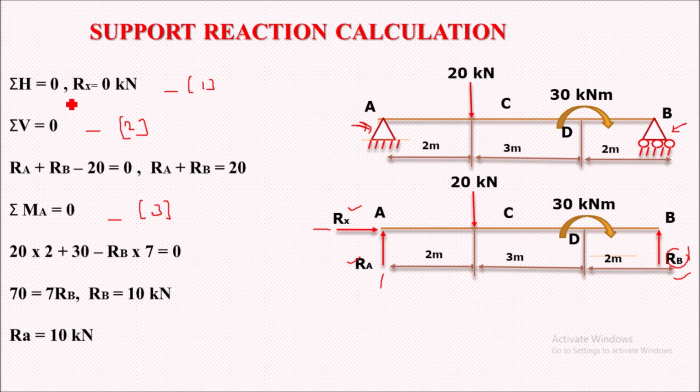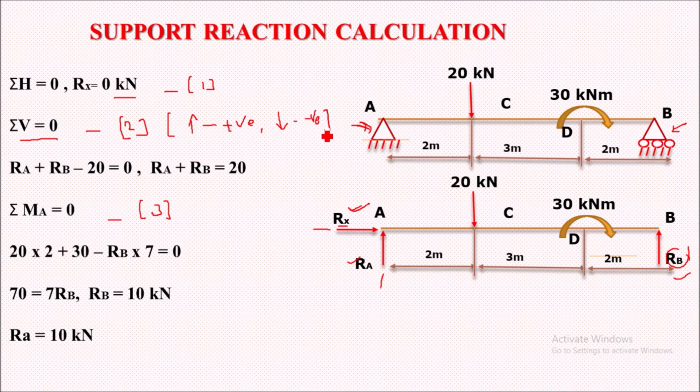Now, sum of horizontal forces equal to 0. Here we have only one horizontal force, that is Rx equal to 0 kilonewton. So the value of Rx will become 0 kilonewton. Sum of vertical forces equal to 0. In this case, the forces which act vertically upward will be considered of positive magnitude and the forces which act vertically downward will be considered of negative magnitude.